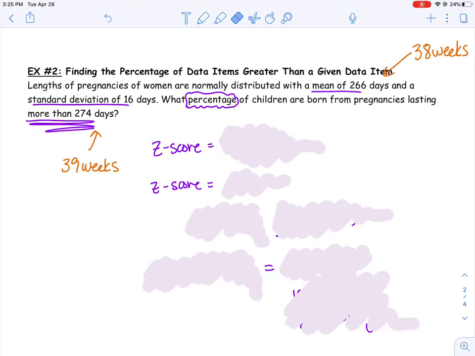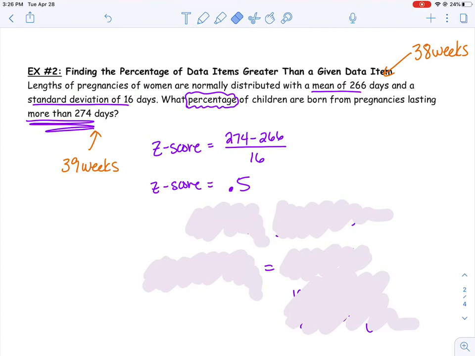Now, we've got to be careful here because now it's asking us for what percentage are more than. Okay? Let's go ahead and first follow the steps of finding the z-score. We want to figure out how many are more than 274 days, so that's our data item, minus the mean, which is 266, divided by our standard deviation, which is 16. I ended up getting a z-score of 0.5, so that's half of a standard deviation more than average.